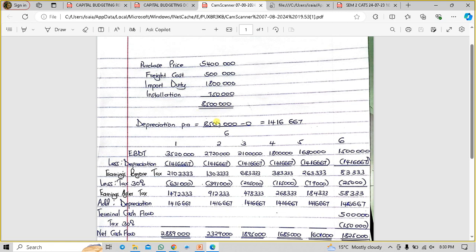So the formula for depreciation is cost minus salvage value divided by useful life. And sometimes, in the document I've sent, salvage value can also be referred to as scrap value. So if you are told scrap value, you use it as your salvage value.